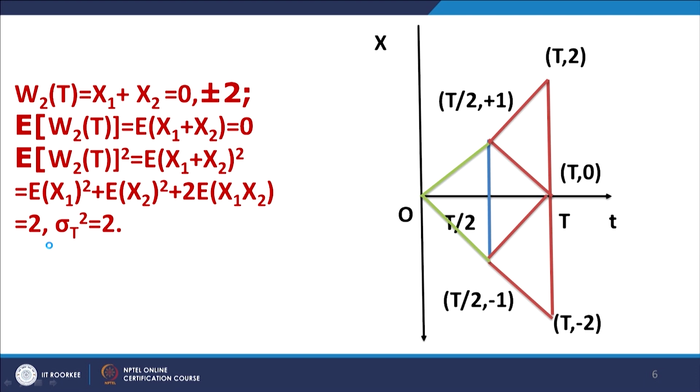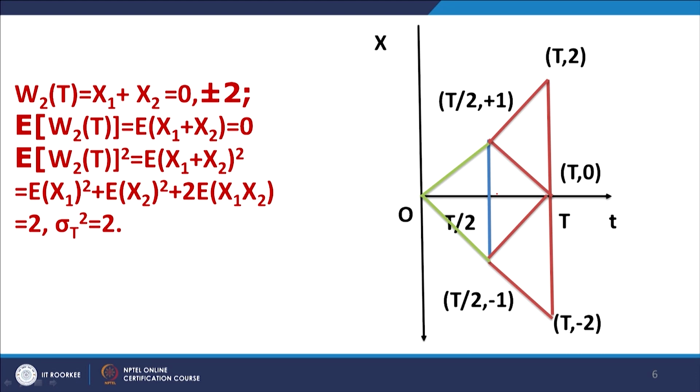Now, the system makes two jumps within this interval 0 to capital T, but these two jumps are equally spaced in time. So, it makes a jump at t equal to capital T by 2 of +1 unit or -1 unit. In other words, the coin is tossed at t equal to T by 2, and depending on whether you get a head or a tail, the system jumps to +1 or the system jumps to -1.